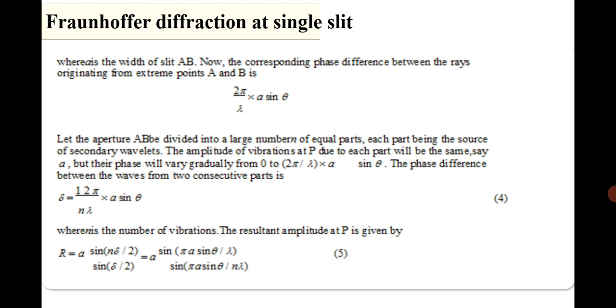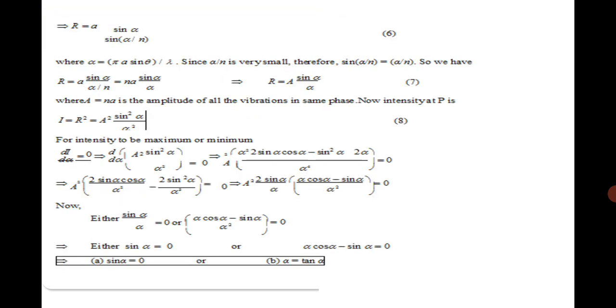The resultant amplitude at P is given by R = A sin(nδ/2) / sin(δ/2), finally A sin(π a sin θ/λ) / sin(π a sin θ/(nλ)), equation 5.